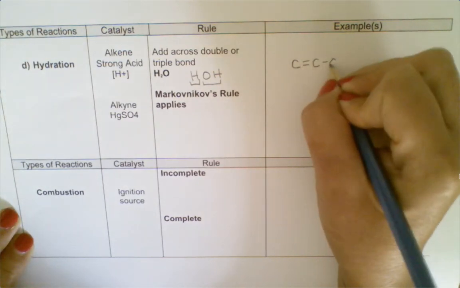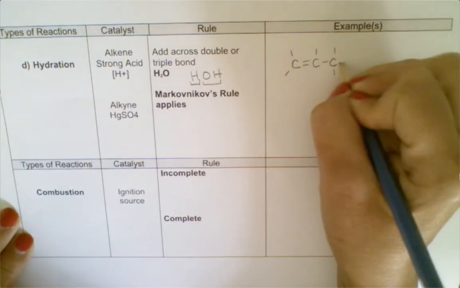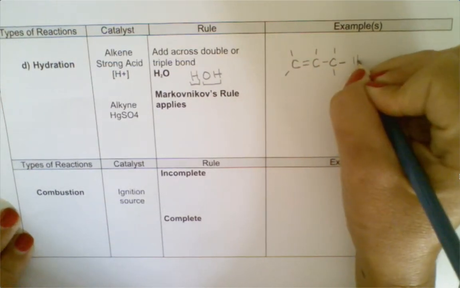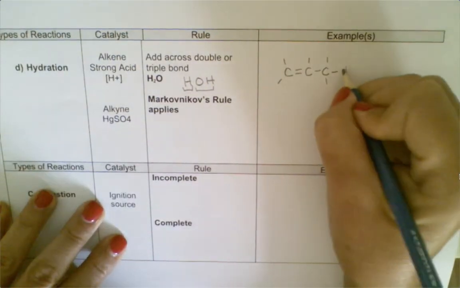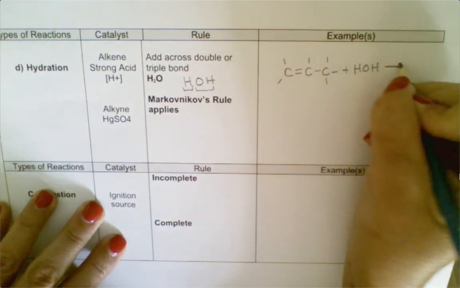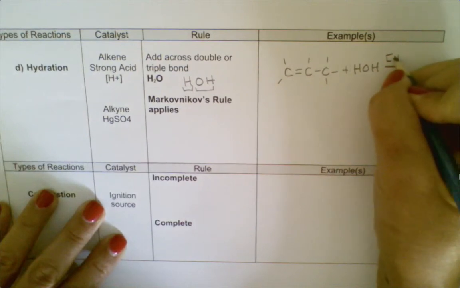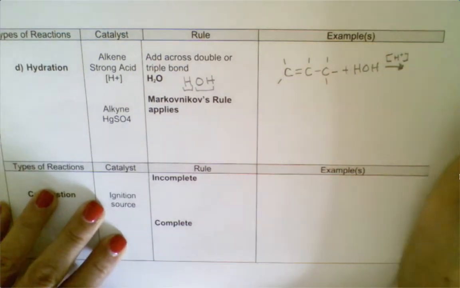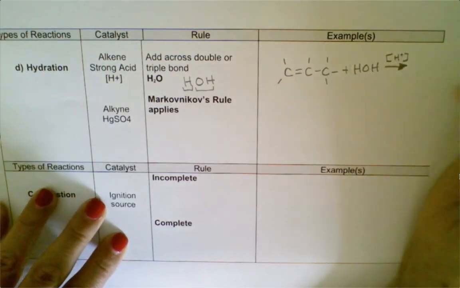So I'm going to draw propyne here, just as I've done previously, and I'm going to add water. So plus H2O, or as I mentioned, I'm going to write it as HOH. The catalyst here is some sort of strong acid, so we usually use square brackets with an H plus, hydrogen ions indicating acid.